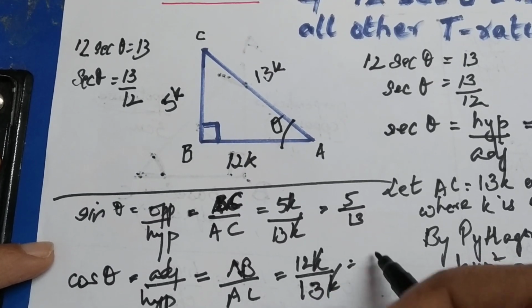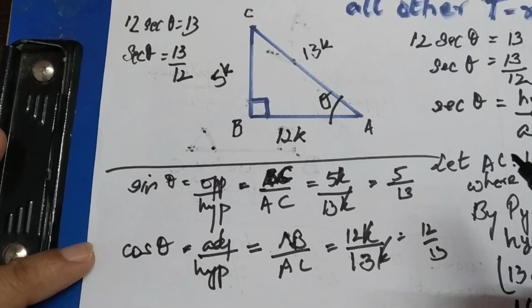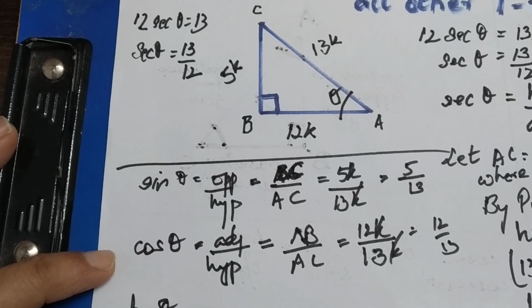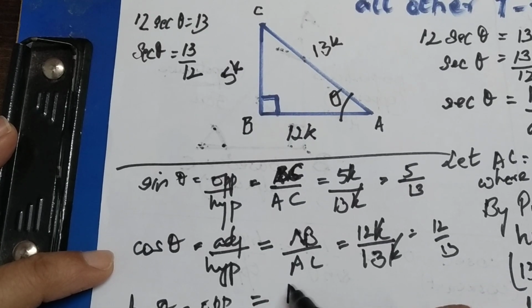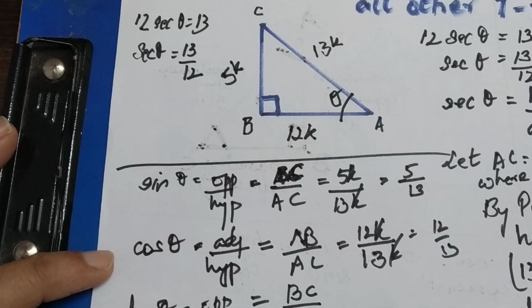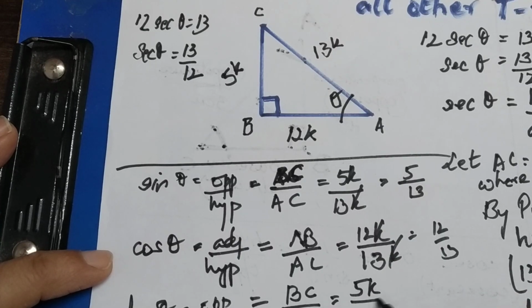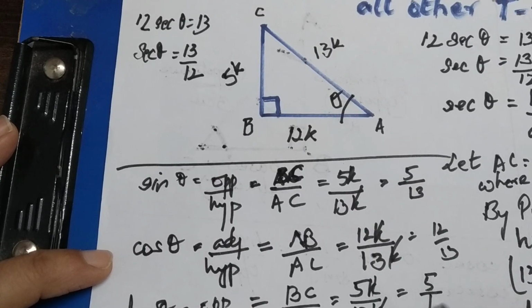K and K get cancelled, so 12 by 13 is the value of cos theta. Same with tan theta, opposite by adjacent. Opposite is BC, adjacent is AB, opposite is 5k, adjacent is 12k, K and K get cancelled, so we have 5 by 12.